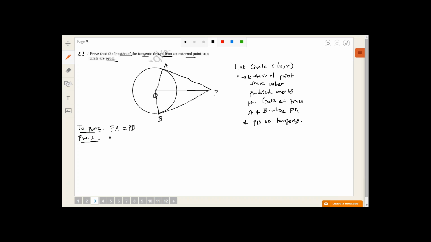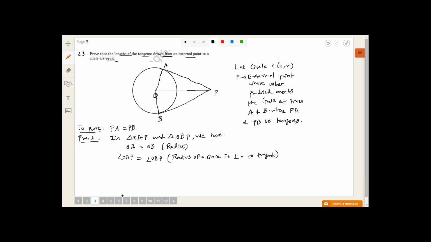Now the proof. In triangle OAP and triangle OBP, we have OA equal to OB, being the radius of the circle, and angle OAP is equal to angle OBP, because the radius of a circle is perpendicular to the tangent, and OP is equal to OP, the common side.